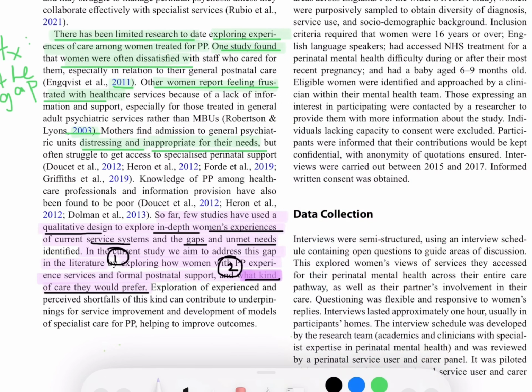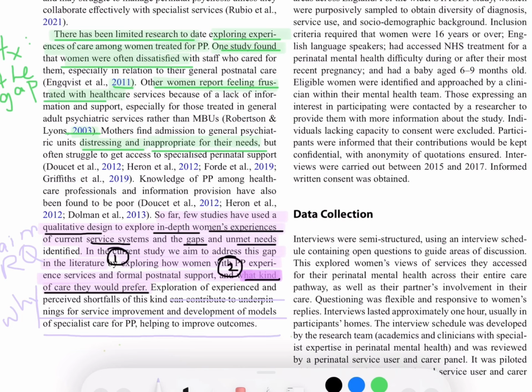So, this kind of study can contribute to improving the service and developing models of specialist care for patients with the condition. Why? Because that will help improve the outcome. So here we have the aim, we have the research question, and we have why it's important.